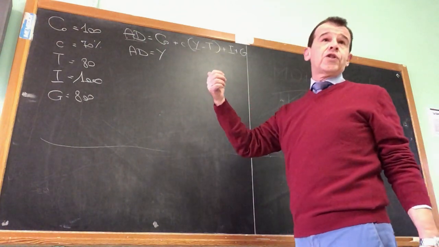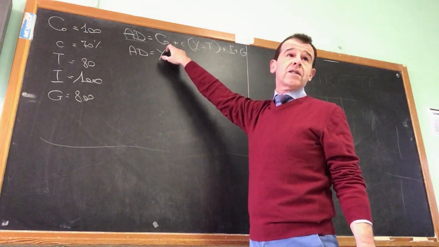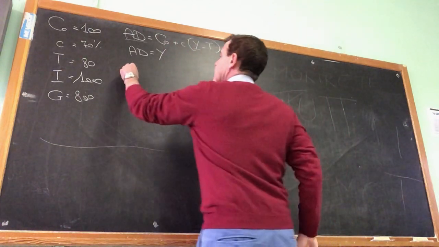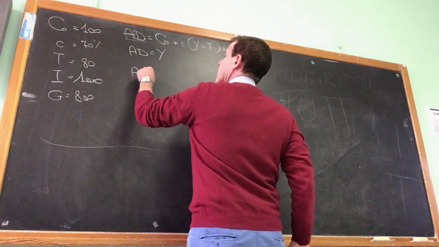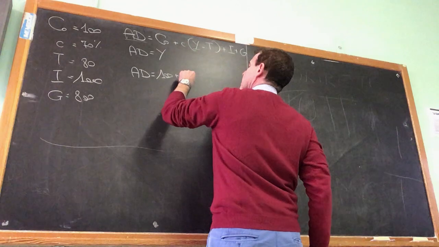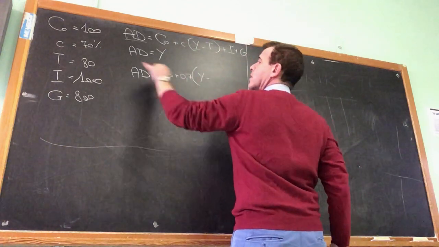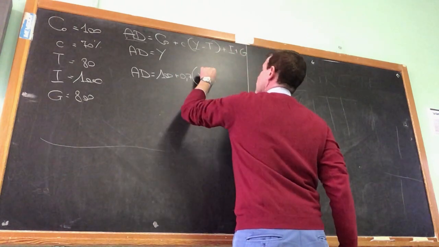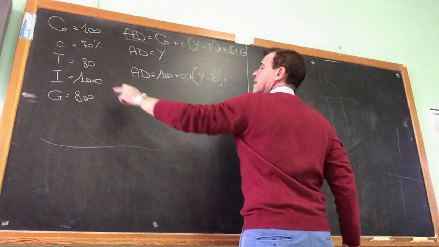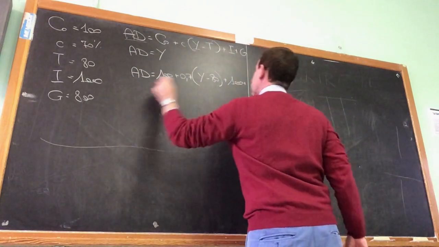So first thing we need to do is just to substitute the numbers to the letters, which is not very hard. So, 0 plus 0.7 y minus t plus e plus g.